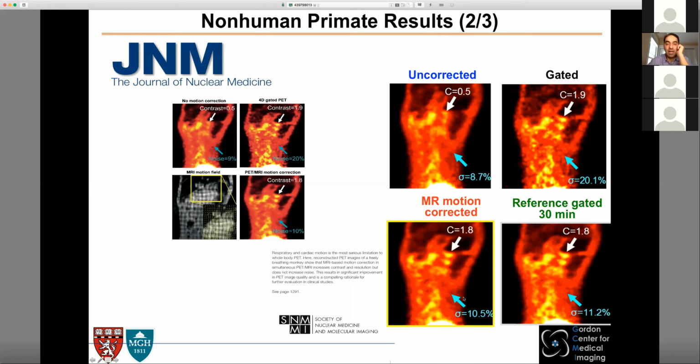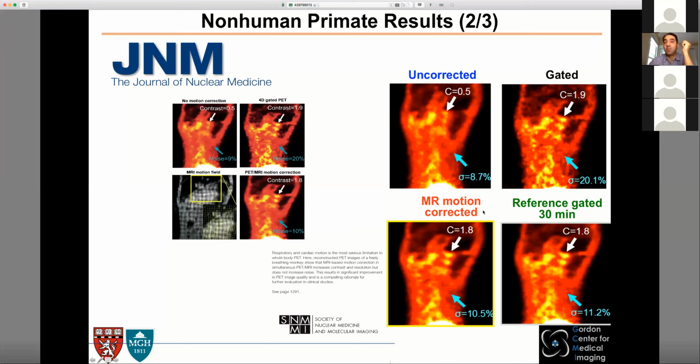Here's what we get when we do motion correction with PET-MR. So now we are acquiring all those fields and then we're reconstructing all of them together into one frame. Here's the noise, here's the background, same as here. Here are the lesions, same as here. So we got the best of both worlds.